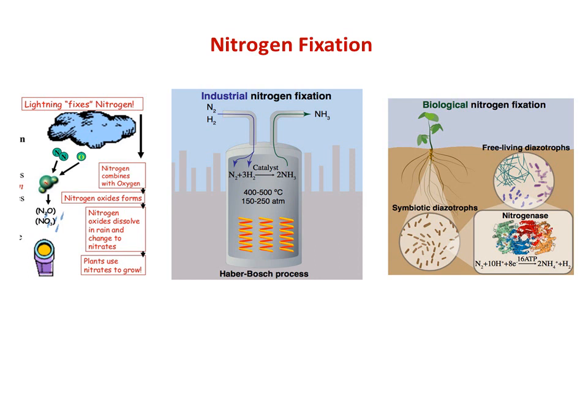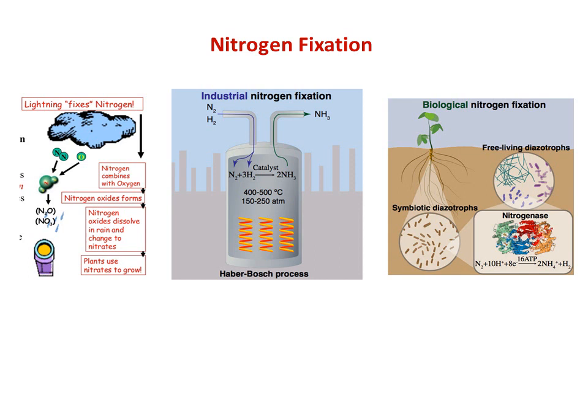These nitrogen oxides dissolve in rain and get converted into nitrates. Once these nitrates reach the soil, the plants can utilize them. That is one method of nitrogen fixation. Around 5 to 8% of nitrogen fixation happens by this method, when lightning takes place.